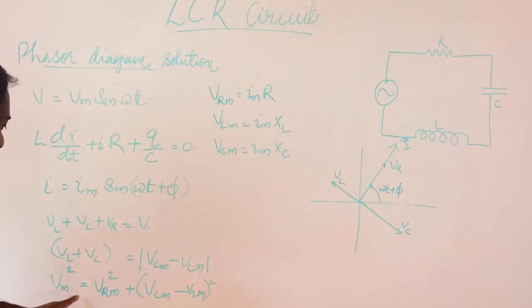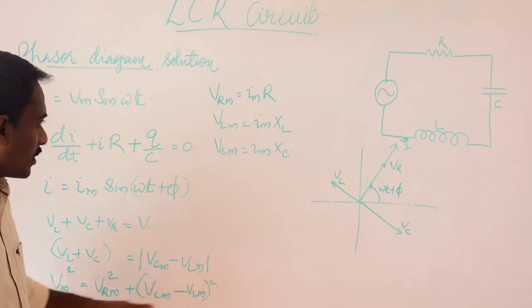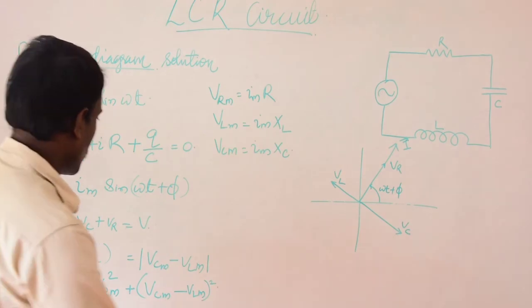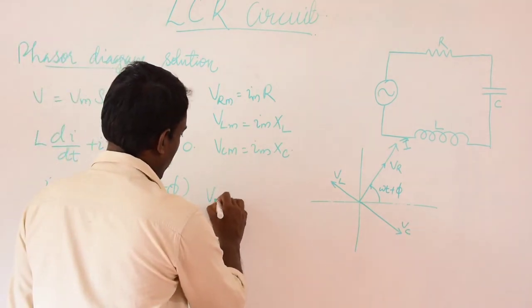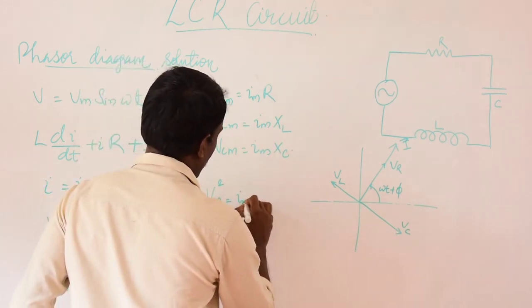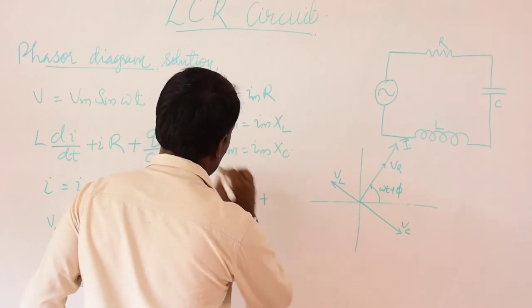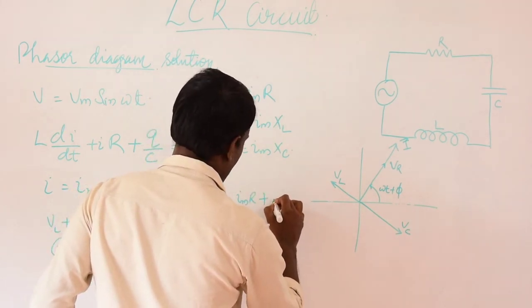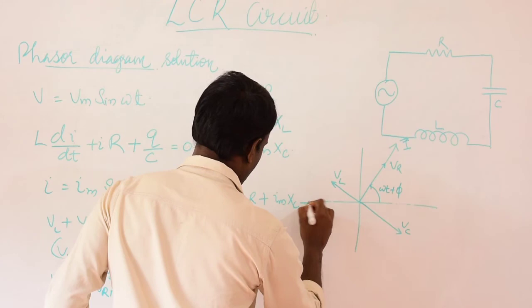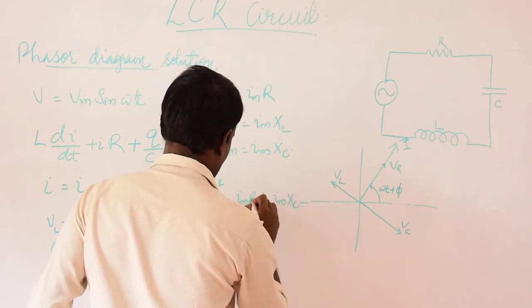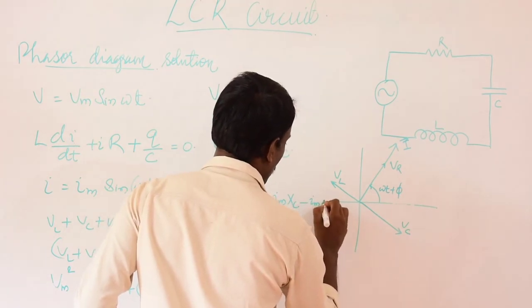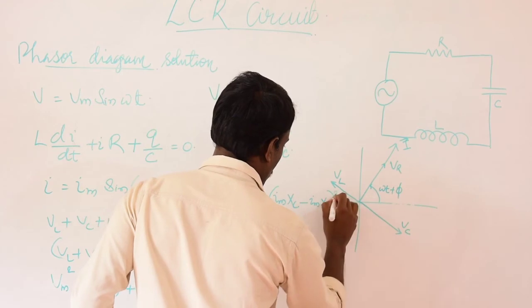If we substitute the values of VRM, VCM, VLM in this equation, what will we get? VM square is equal to (IM into R) square plus (IM into XC minus IM into XL) whole square.